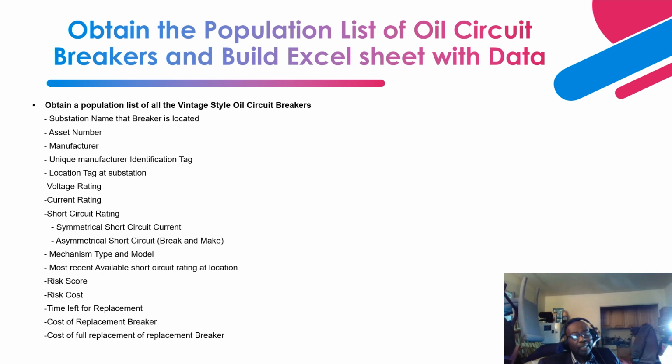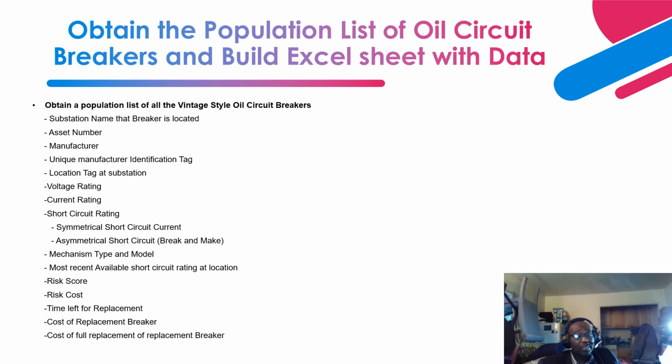And another important parameter that you need is the most recent available short circuit rating at the location where the circuit breaker is located. Sometimes there have been modifications to the power system network where the circuit breaker is located. As additional lines are added, it changes the available short circuit rating.